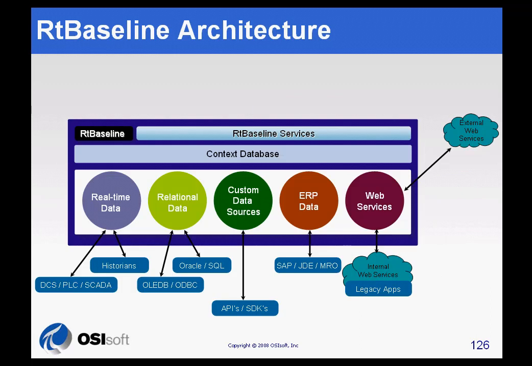Here's one more approach for looking at what RtBaseline actually does. Imagine you've got all these data sources out here. Well, we do. There are lots of different data sources: historians, control systems, relational databases, specific applications like Maximo, SAP, etc. You've got all these applications that are generating data. And we need some way of bringing this data in.